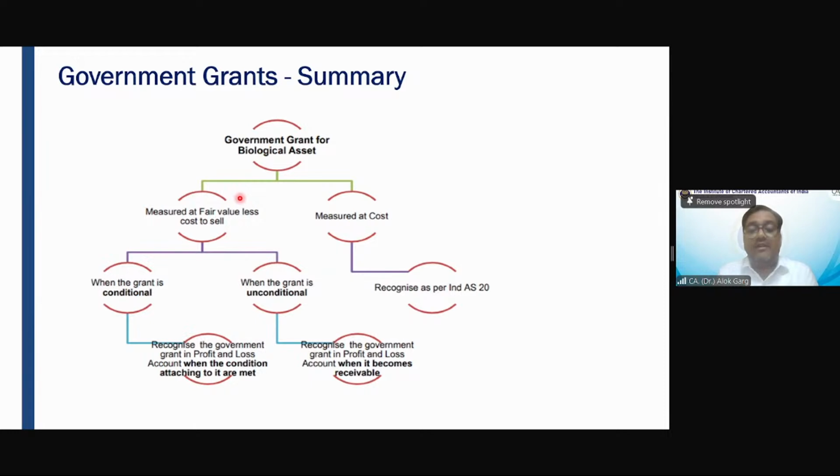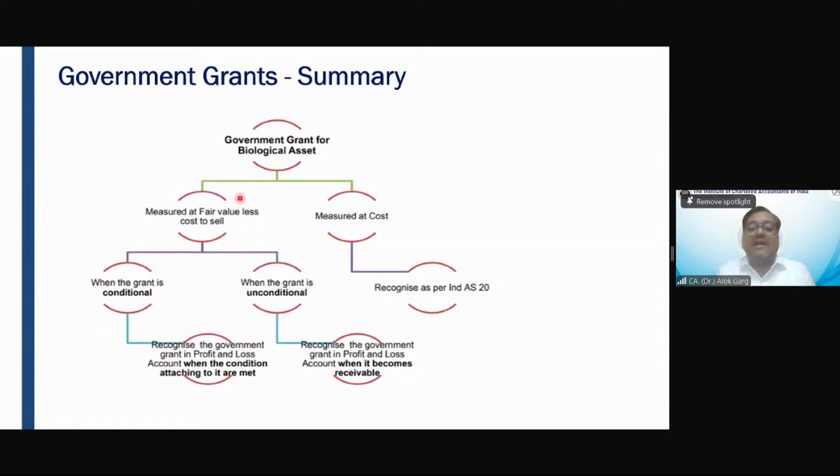So those biological assets which are related to agricultural activity, in case of animal, if it is related to agricultural activity, in case of plant, if it is a non-bearer plant, correct? So if the biological asset is measured at fair value less cost to sell, the government grant relating to that biological asset will also be covered under Ind AS 41, right?